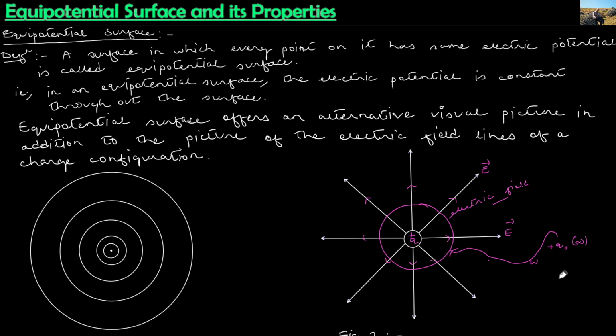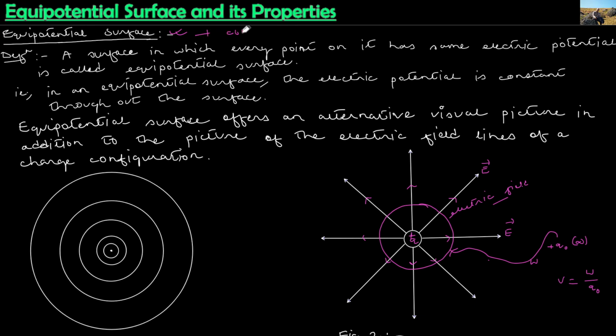That means there is some kind of potential which is stored on that test charge plus Q naught in moving from one point to the other. That is our potential. So at every point within the surface, if the potential is the same, that type of surface is known as an equipotential surface.